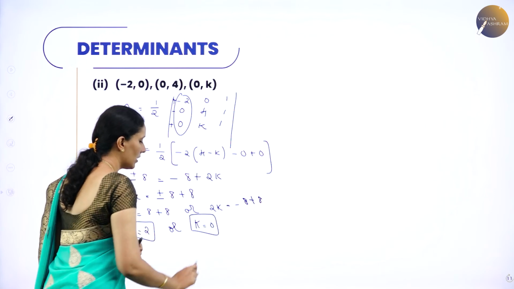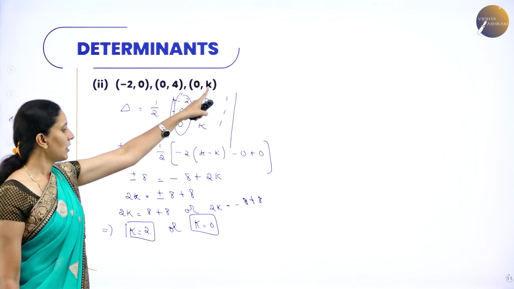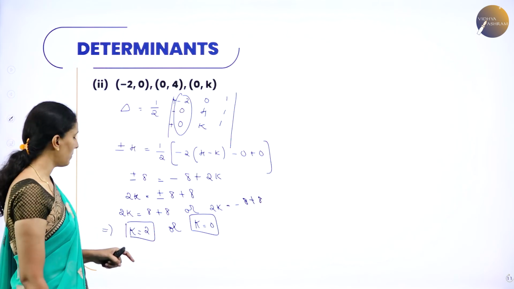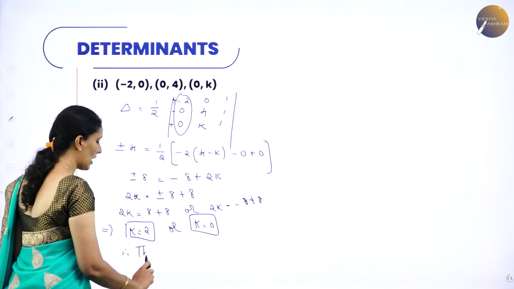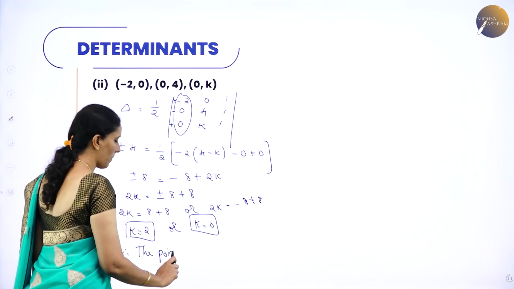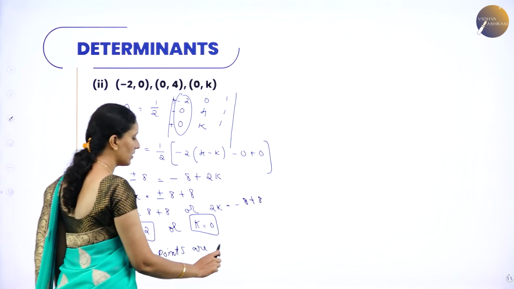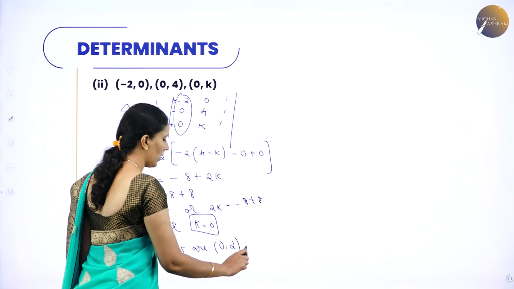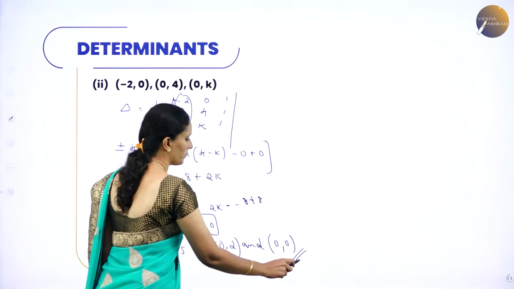Again, these are the 2 points, that is, one point may be (0, 0) and the other point may be (0, 8). So, therefore, the points are one (0, 8) and another one (0, 0).